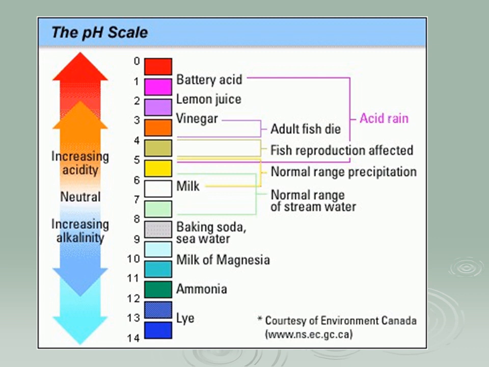That's not a good thing for food sources, or if you're interested in fishing as a recreational activity, that's going to impact those fish populations. If the pH gets even lower, we're actually going to start to have fish die off. So acid rain isn't a good thing, and fortunately a lot of attention has been brought to it, and people are becoming more aware of it and starting to find solutions to the problem.